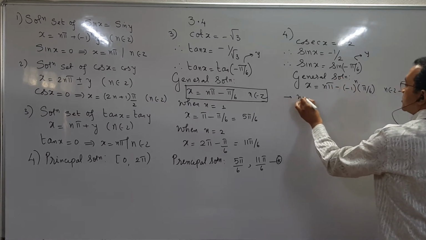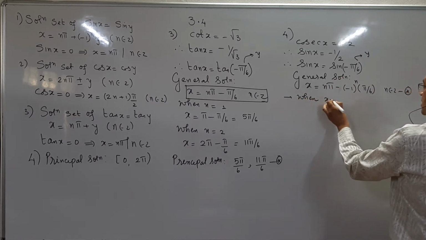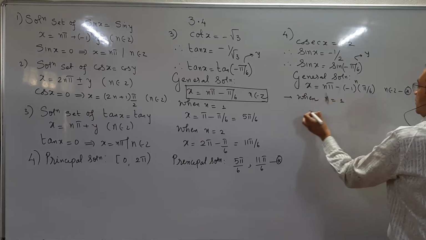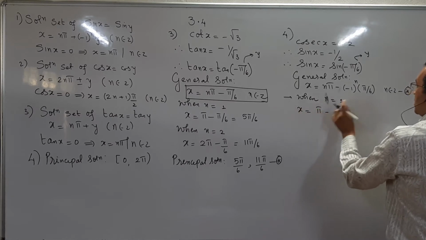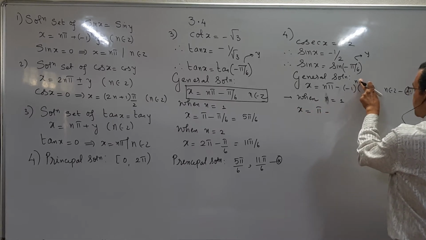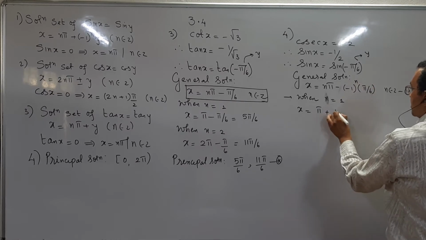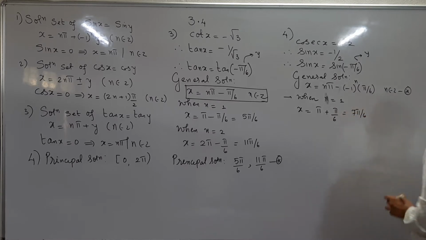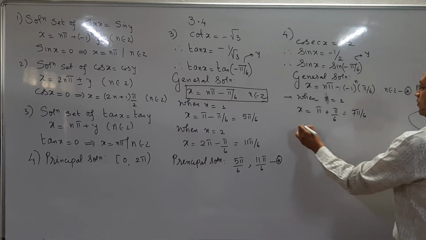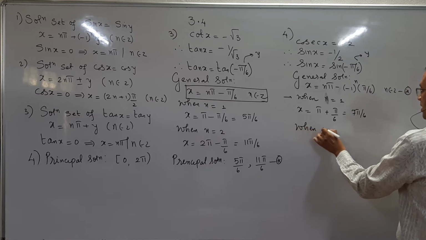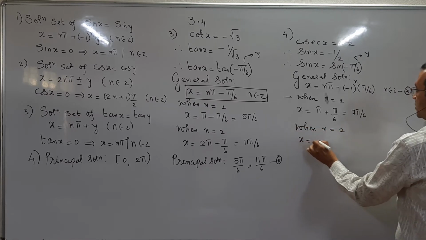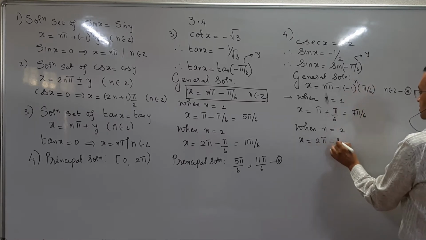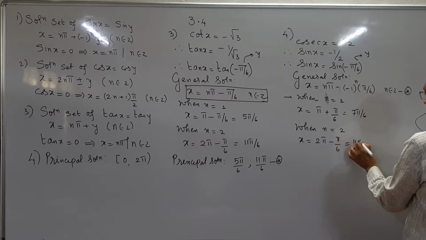And for principal solution, when n is equal to 1, we will get pi minus 1 raised to 1 is minus 1, minus times minus equals plus, pi plus pi by 6, which is 7 pi by 6. And when n is equal to 2, x will be 2 pi. Minus 1 squared is plus 1, still this remains minus. So this is 11 pi by 6.